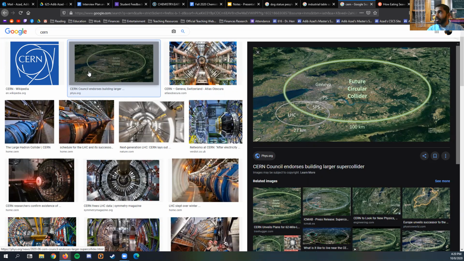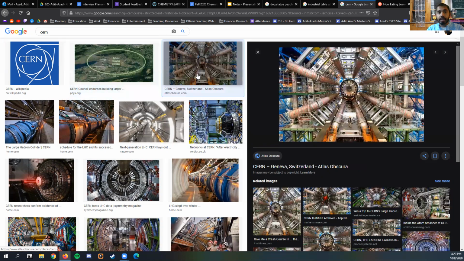A huge undertaking, a 27-kilometer tunnel built solely to collide particles with each other. And in the future, they're thinking about increasing that size. This kind of engineering and science takes the minds of thousands of people working together, and we're pushing those boundaries. It is absolutely incredible.